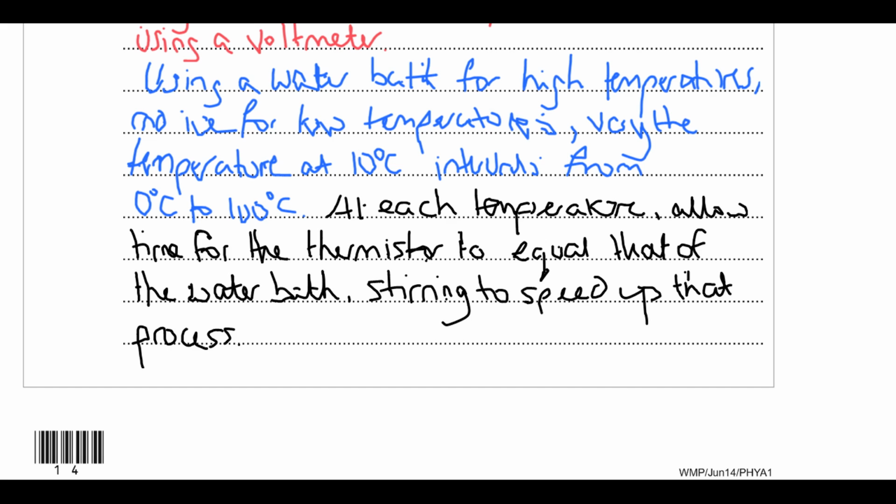So that's what we've got there. At each temperature, allow time for the thermistor to equal that of the water bath, so that when we measure the temperature of the water bath, we know we're measuring the temperature of the thermistor.